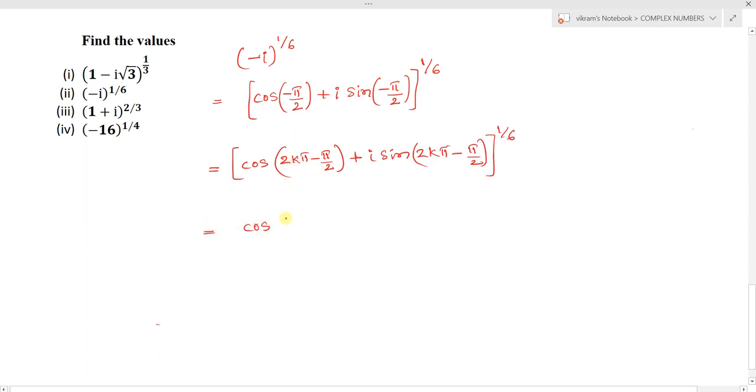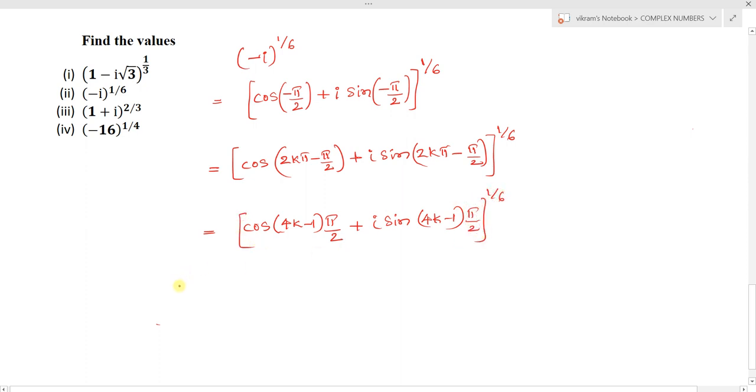If we take the LCM, we can simplify this as [cos((4k-1)π/2) + i sin((4k-1)π/2)]^(1/6).